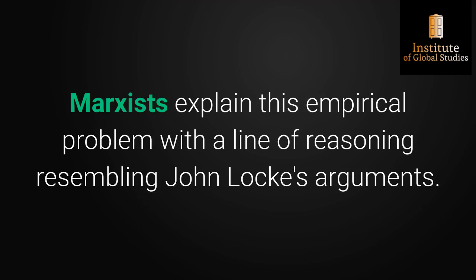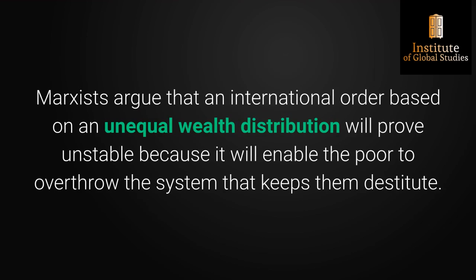Marxists explain this empirical problem with a line of reasoning resembling John Locke's arguments. Marxists argue that an international order based on an unequal wealth distribution will prove unstable because it will enable the poor to overthrow the system that keeps them destitute.